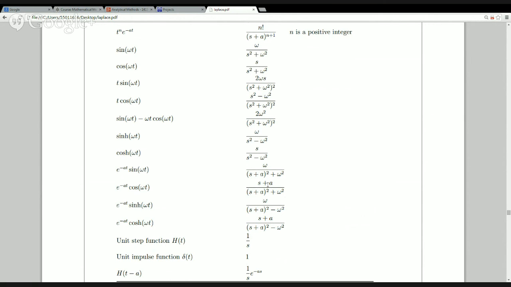And now I'll just rewrite it again. So this is 3 times s plus 3 all over s plus 3 squared plus, I'll write the 4 as 2 squared, so that's how it appears in the table. But when you've got a constant over that, you want to express the constant as omega. So this is going to be minus 5 times 2 over s plus 3 all squared plus 2 squared.